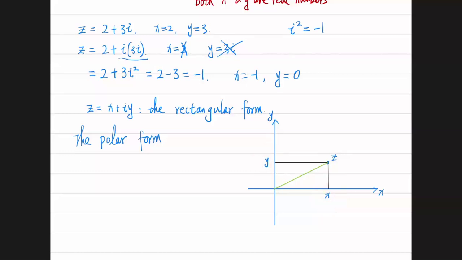The polar form goes this way. We find this, which is the modulus.